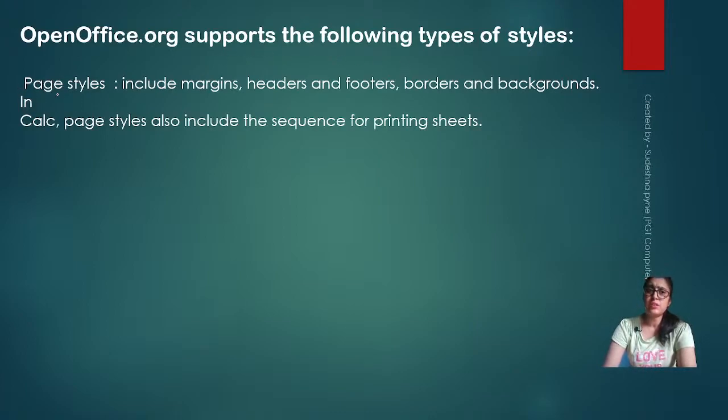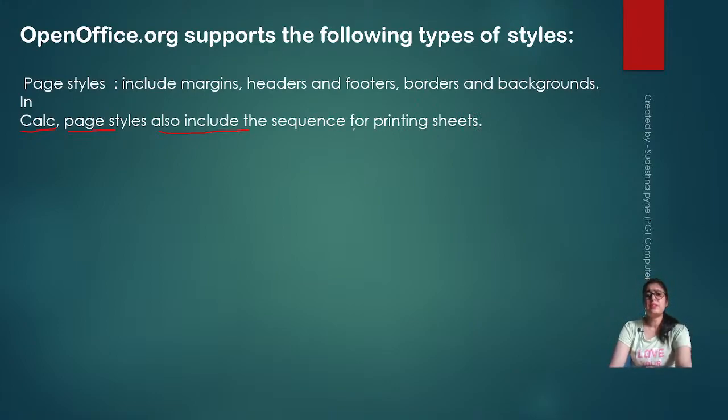Okay, now, what styles does OpenOffice.org support? Number one is page style. It will include margin, header, footers, borders, and backgrounds. Calc is the spreadsheet actually. Page styles also include the sequence of printing sheets.